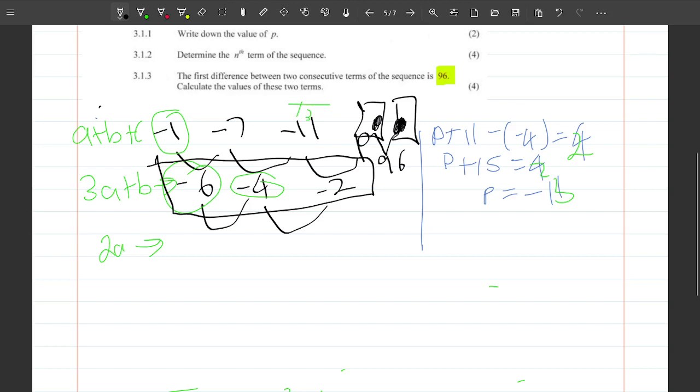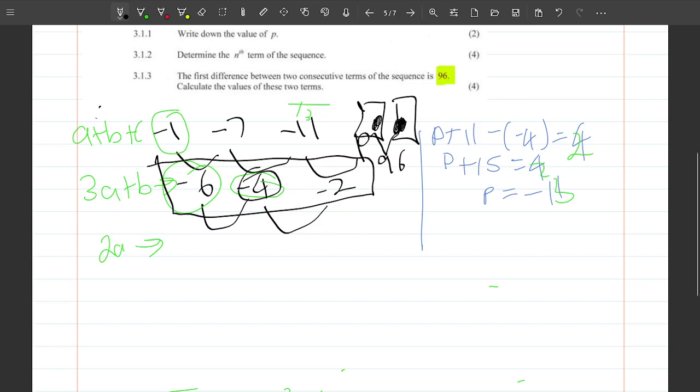Okay, so what does this mean? Well, if we look at all the other terms added together, we actually get the first difference. Let me see if I'm breaking down this question.